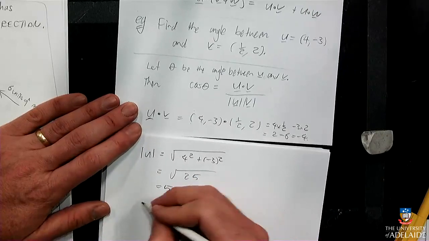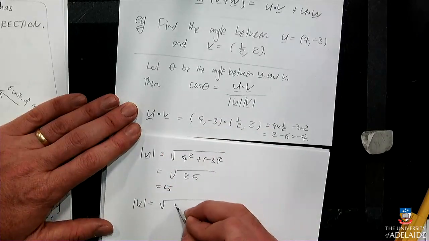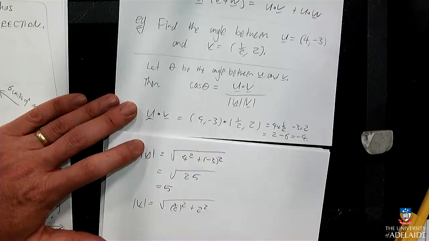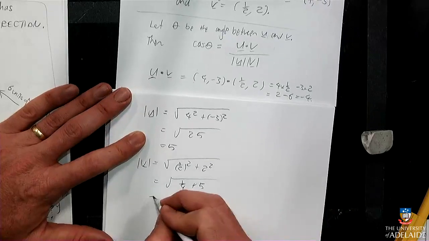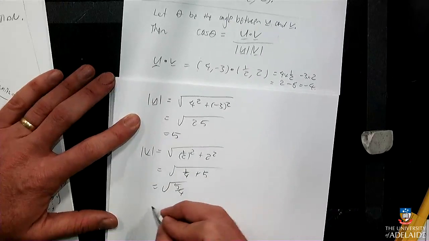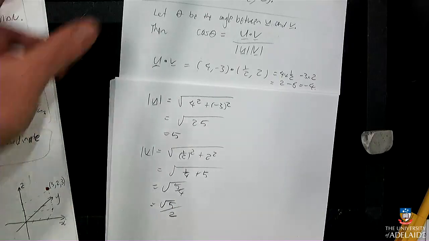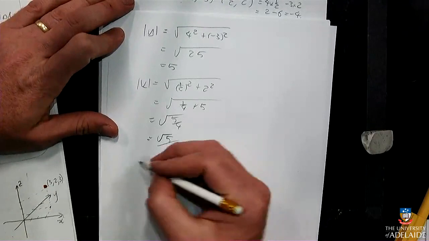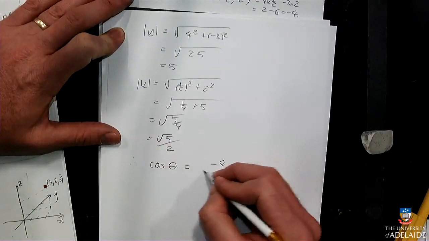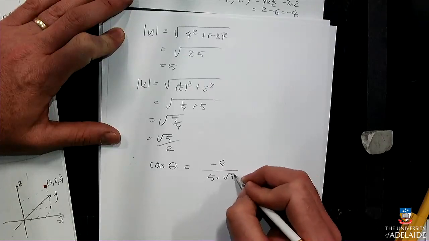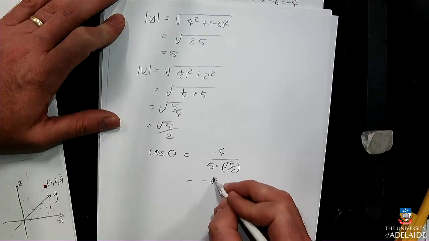Nice. The length of v is the square root of a half squared plus 2 squared, which is the square root of a quarter plus 4, so that's root 17 over 2. Okay. And so therefore cos theta is u dot v, which was negative 4, divided by 5 times root 5 over 2, which is minus 8 over 5 root 5.